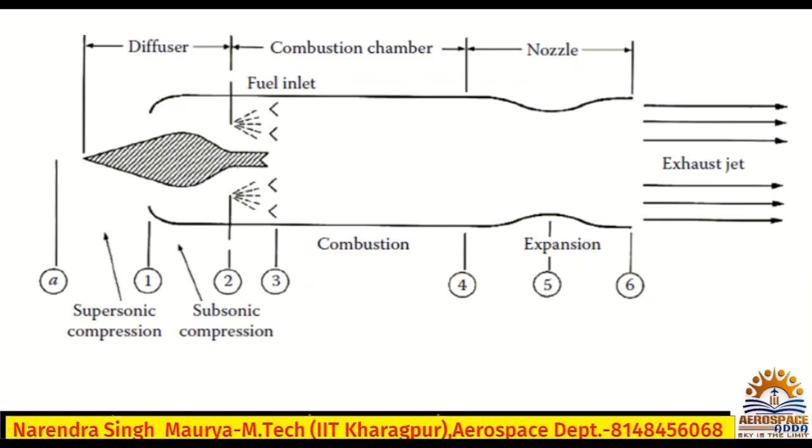Now see, this is the ramjet. Check the stations given like this: station A, 1, 2, 3, 4, 5, 6, and obviously 6 is the exit point. It is optimally expanded, so definitely at the exit, whatever pressure we have will be atmospheric pressure, which is called ambient pressure.